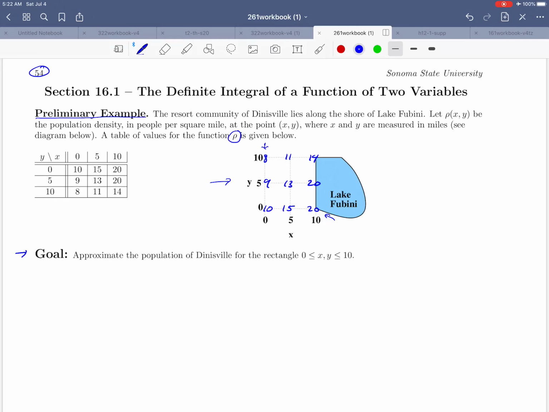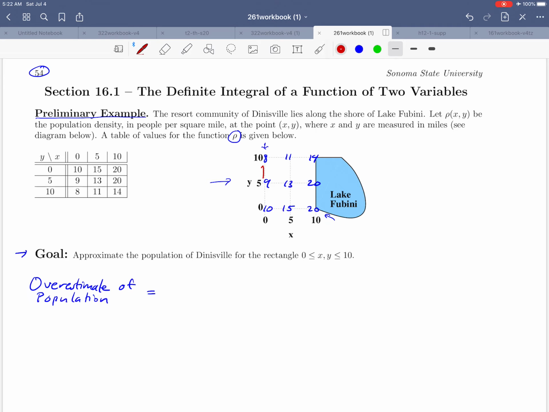Specifically, we're going to start by finding an overestimate of the population. And we're going to do it in a square by square process. Think of taking our community and dividing it up into 4 squares. That's a natural way to do it based on our data.